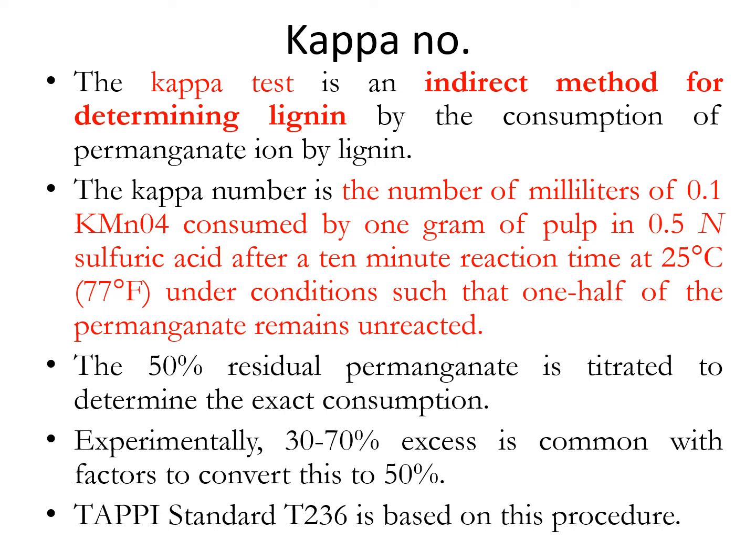Now this 50% residual permanganate is titrated to determine the exact consumption. Experimentally, 30 to 70% excess is common, with factors to convert these to 50%.